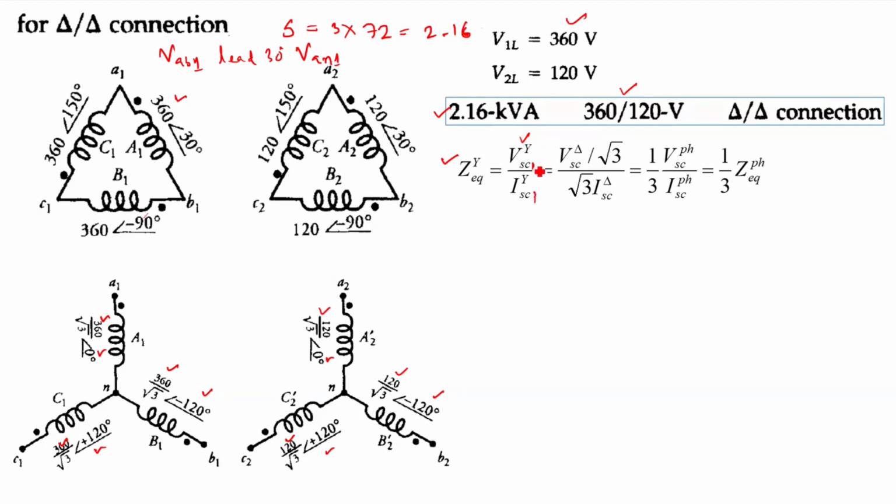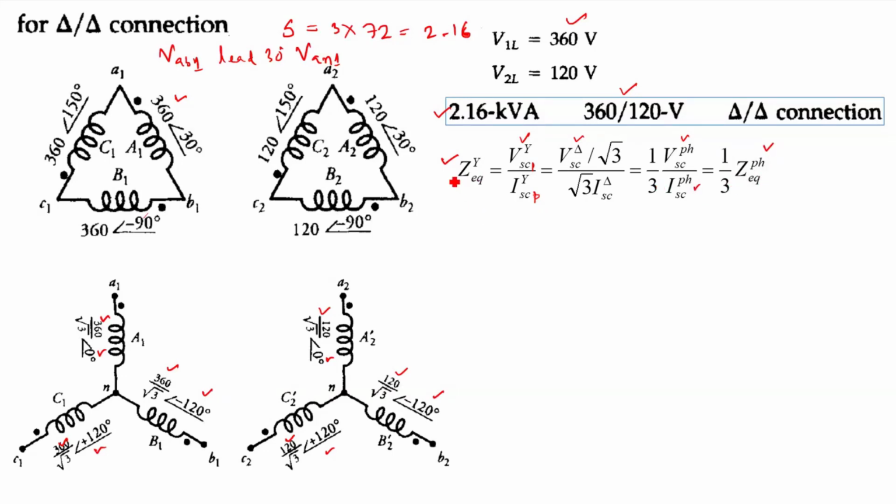So the phase voltage will be equal to, on the delta side, the line voltage by root 3, right? So therefore I can say VSC delta by root 3, and your current will become root 3 ISC delta, okay. So therefore it will become 1 by 3 of the phase voltage by ISC phase voltage. Because in the delta connection your line voltage is equal to phase voltage, I can write this as phase voltage and phase voltage. So therefore 1 by 3 Z equivalent phase, right?